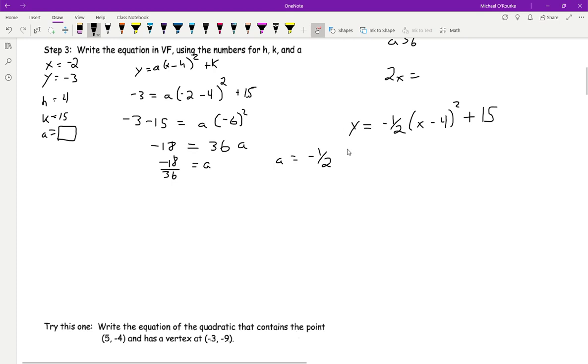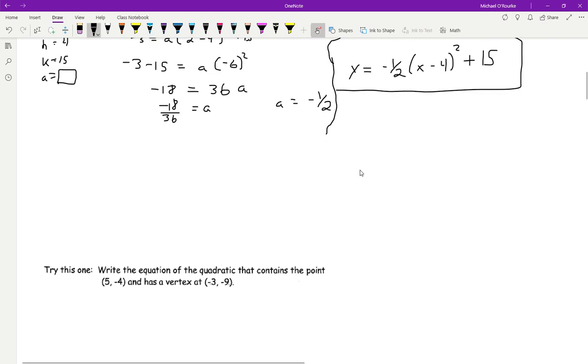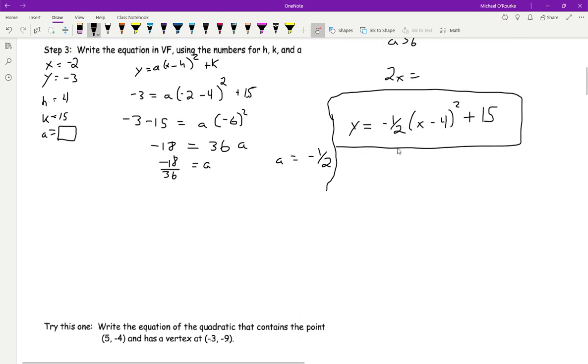Now here's my other thing we could do here. There's our answer right there. The other thing I could ask you to do is make this into standard form. Okay? So let's do that. So if I were to do standard form, now x minus 4 squared is the same as saying x minus 4 times x minus 4.